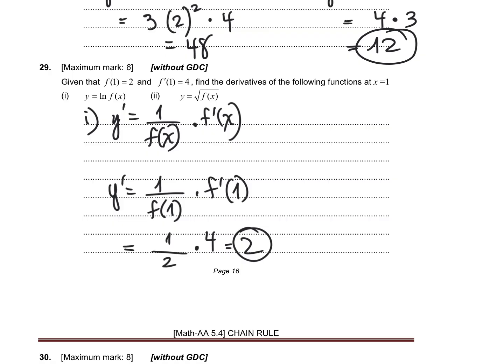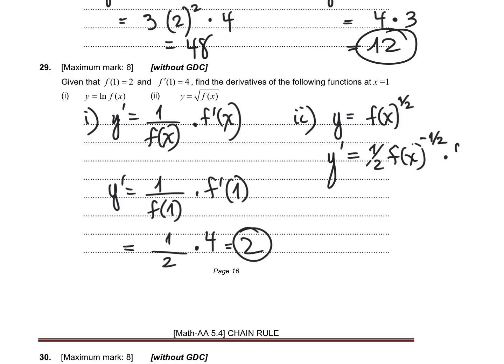Okay, and then we have for part ii, the derivative. If we rewrite this as f at x to the 1/2, the derivative is going to be 1/2 f at x to the negative 1/2 times the derivative. So if we want y prime at 1, we have 1/2 f at 1 to the negative 1/2 times the derivative at 1.